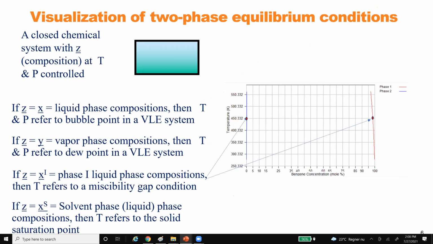If instead we have two liquid phases instead of a vapor phase and a liquid phase, then you can see the blue is one side of the liquid phase diagram and the red is another side. So this is a mixture of benzene with an impurity, or let's say a product.